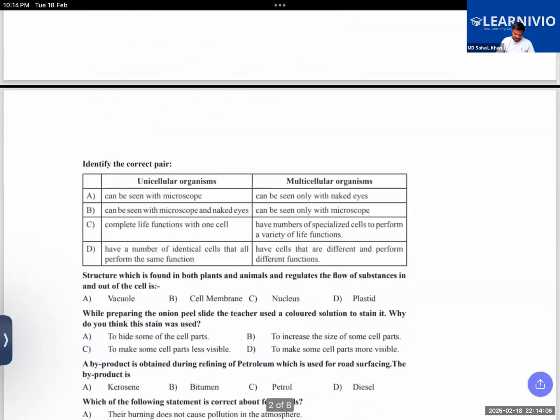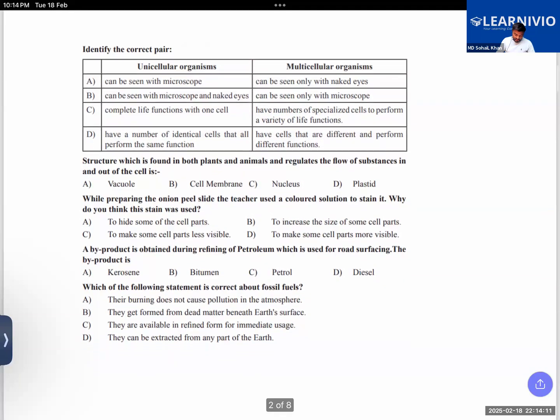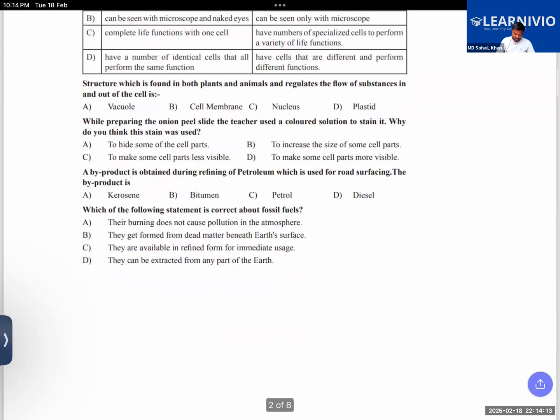Now this question you have. Okay, this one is from the cell chapter, so you're going to skip. In this one, you are going to answer this question. A byproduct is obtained during refining of petrol. This one.